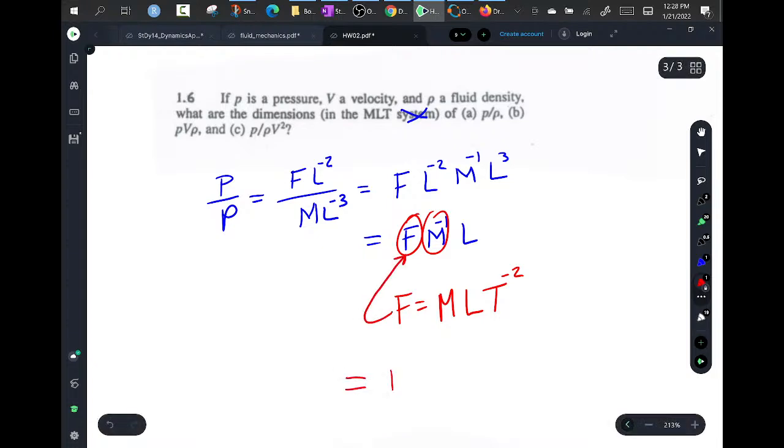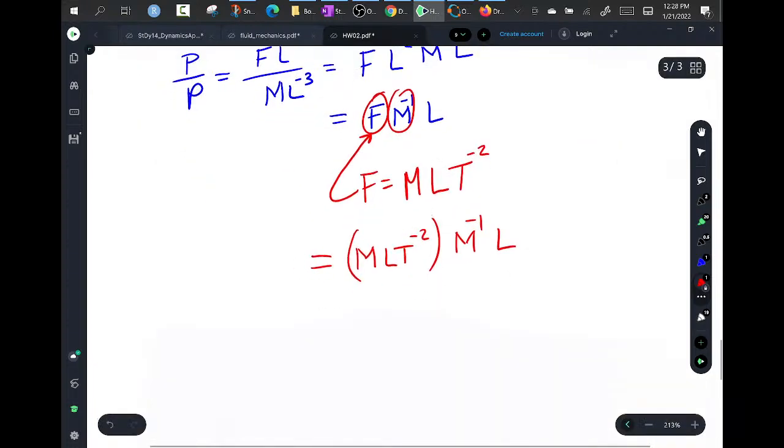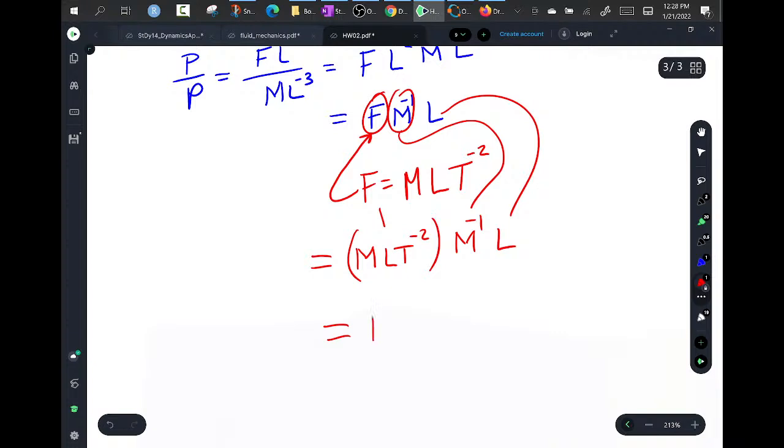And then for that F, I have M, L, T to the minus 2, M to the minus 1, L. Okay, then I just copied that down, and this came from the F. So now you can see I get M to the 0th power, L squared, and time to the minus 2. So there's your MLT thing, the pressure over the density.